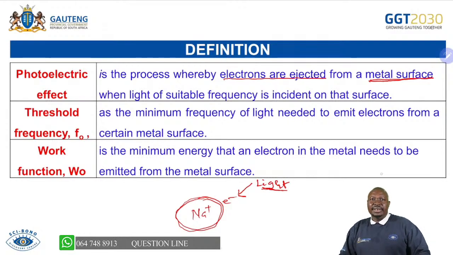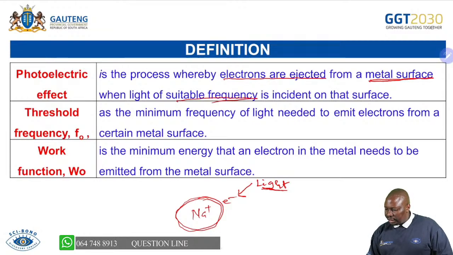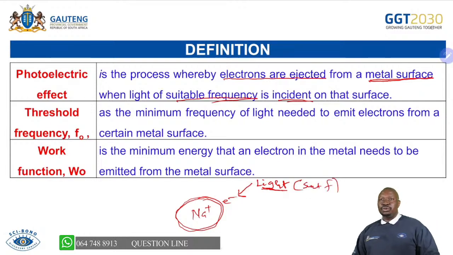So always remember the definition of the photoelectric effect: the photoelectric effect is the process whereby electrons are ejected or removed from a metal surface when light of suitable frequency is incident on that surface. It's not just light, it's light of suitable frequency.